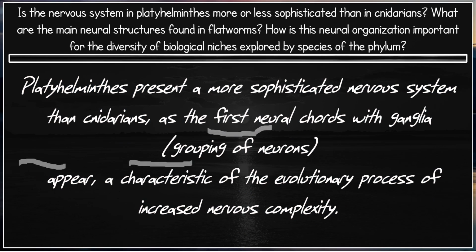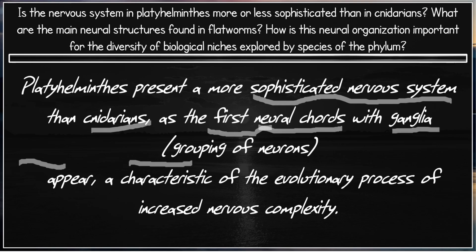Platyhelminthes present a more sophisticated nervous system than the Cnidarians, as the first neurocords with ganglion, a group of neurons, appear, a characteristic of the evolutionary process of increased nervous complexity.